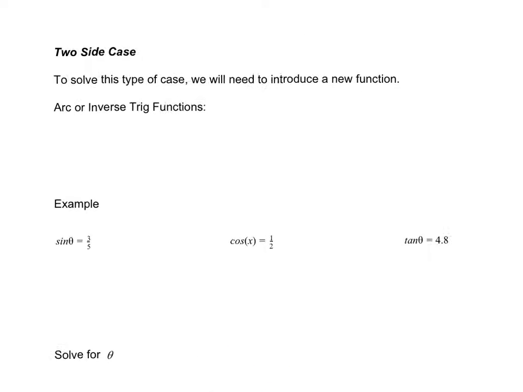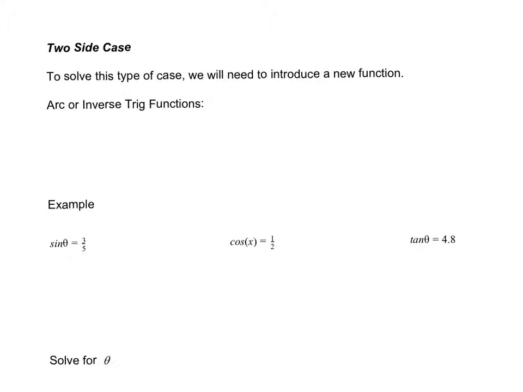Next, we're going to look at the two-side case. And we need to introduce a new function in order to use this case, and that's called arc or inverse trig functions. And I'm going to typically refer to them as inverse trig functions.